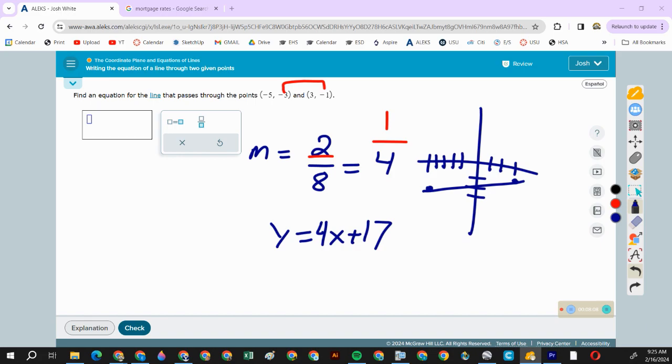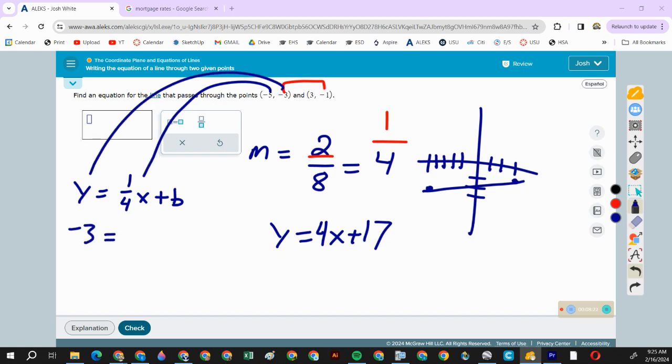So y equals 1/4 x plus b. Now I'm going to plug in, oh, those aren't going to be very friendly, whatever. So -3 equals 1/4 times -5 plus b. So -3 equals -5 over 4 plus b.